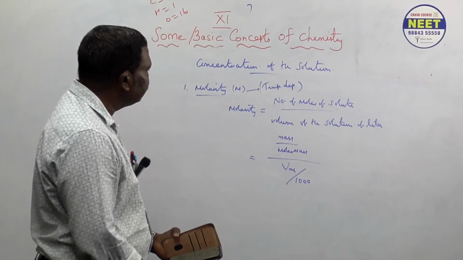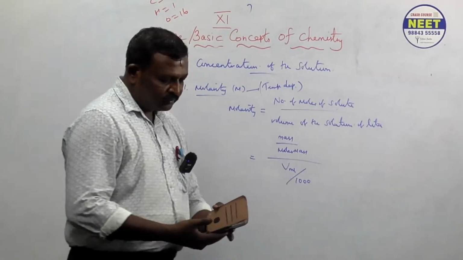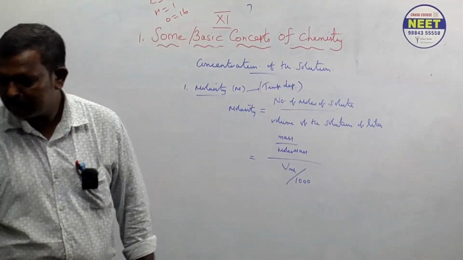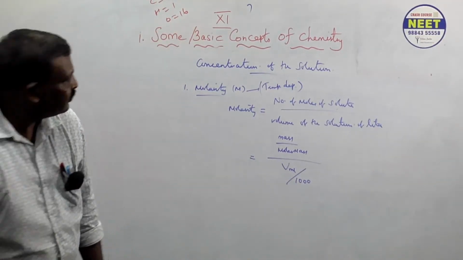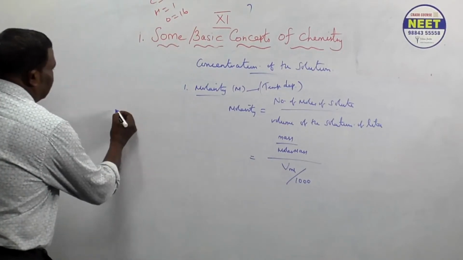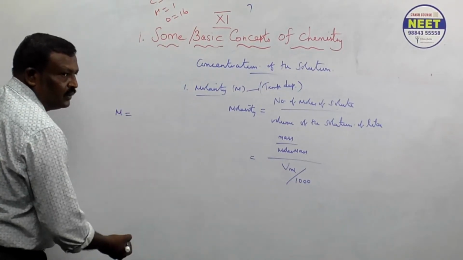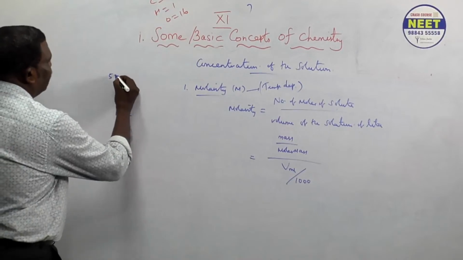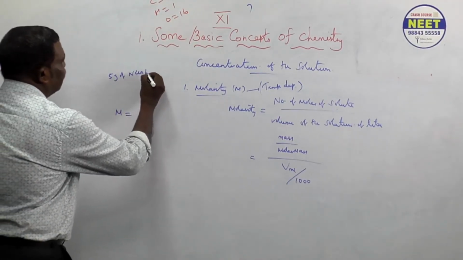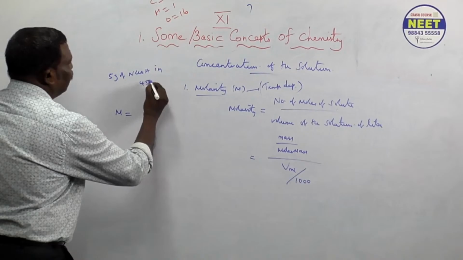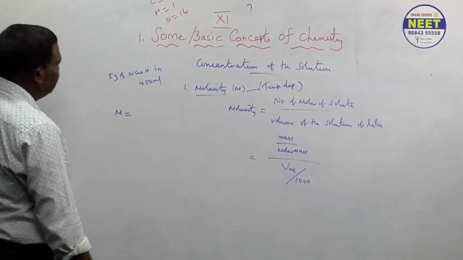Okay, tell me. That's the question. What's the formula of molarity? 5 gram of what? NaOH in what? 450 ml. That's the question, a simple question.